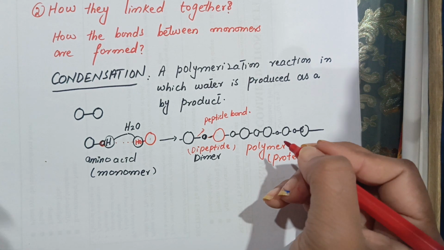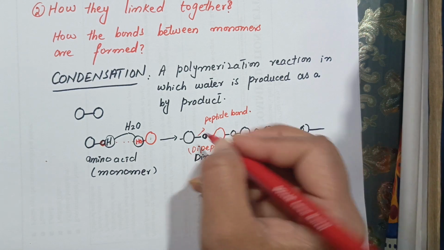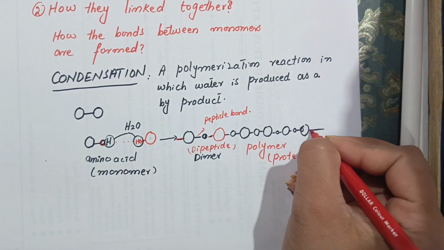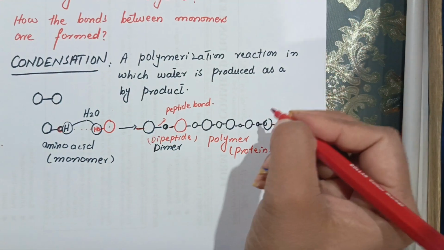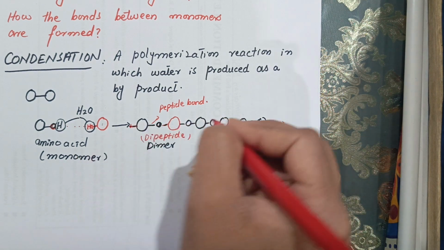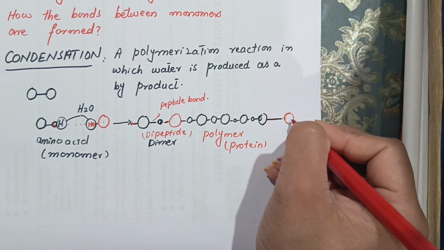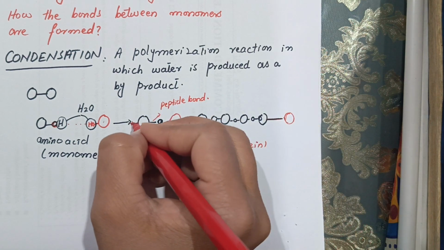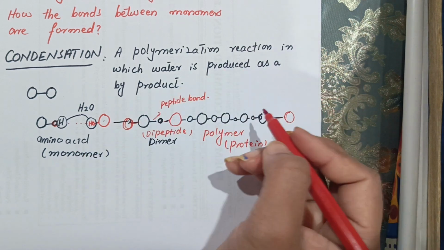One thing we should remember is that in a polymer molecule, both ends are always available for reaction. What does it mean? If this chain ends here, it is not really ended, and any other monomer can still attach to it. On this side it can also be attached with another molecule.